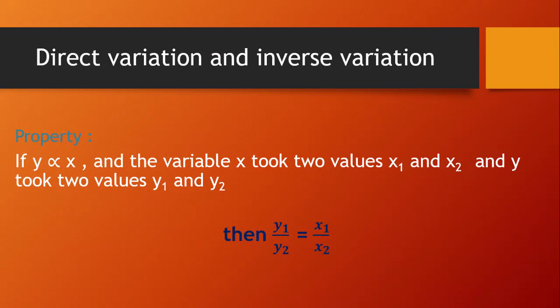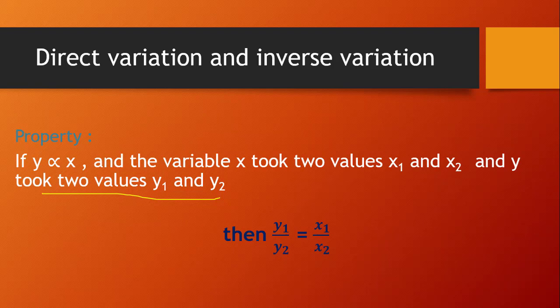Here, for example, we have property number 1. If y directly varies as x, and the variable x takes two values, for example, x1 and x2, and also the second variable y takes two values, y1 and y2.